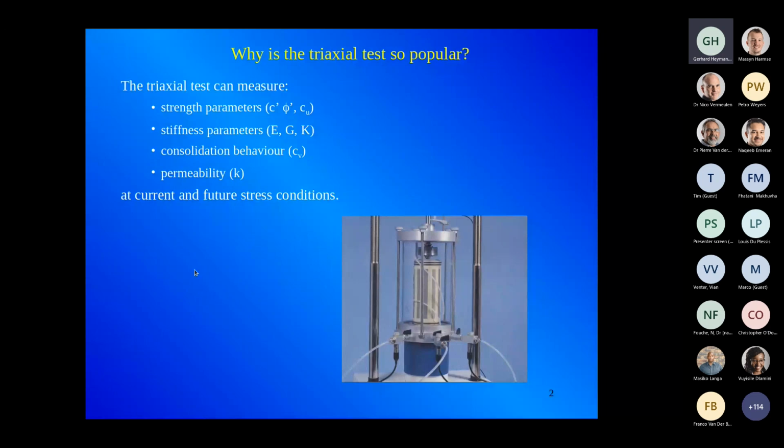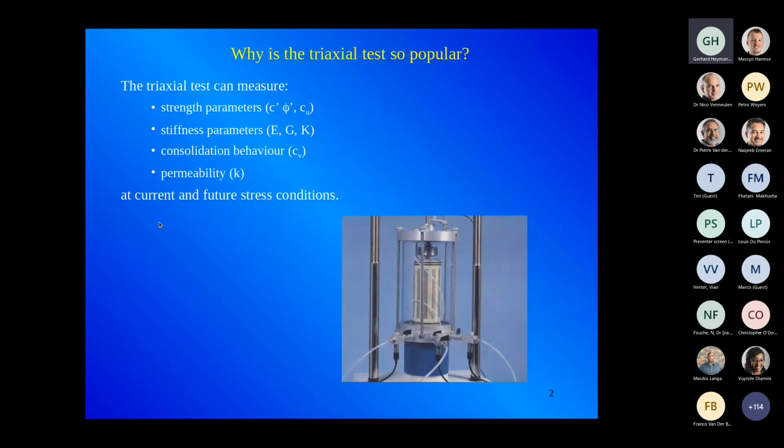Meaning what? Meaning that we can measure strength parameters, we can measure stiffness parameters, we can measure consolidation behavior, and we can measure seepage behavior, all in one apparatus. And we can do this at current stress conditions as well as future stress conditions. Now, clearly, this is very versatile.